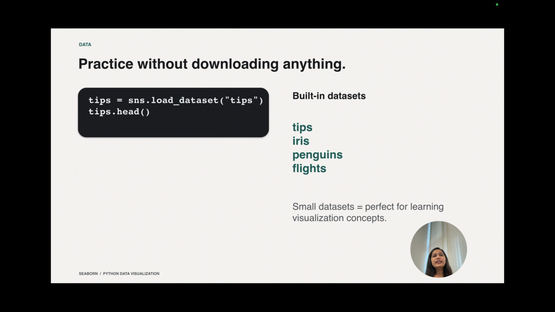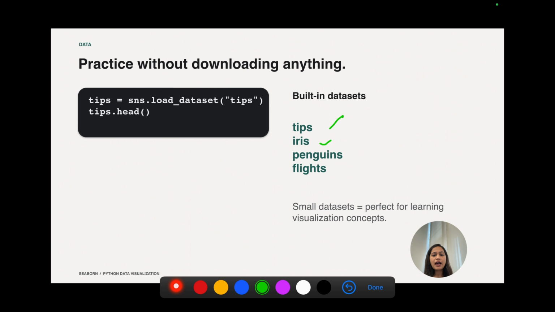that we don't need to download anything. We don't have to use a downloaded dataset for understanding how Seaborn works, because for learning visualization, Seaborn provides several built-in datasets that are perfect for practice. Some of them are tips, iris, penguins, and flights. These small datasets are perfect for learning visualization concepts. We'll be using the tips dataset for this.